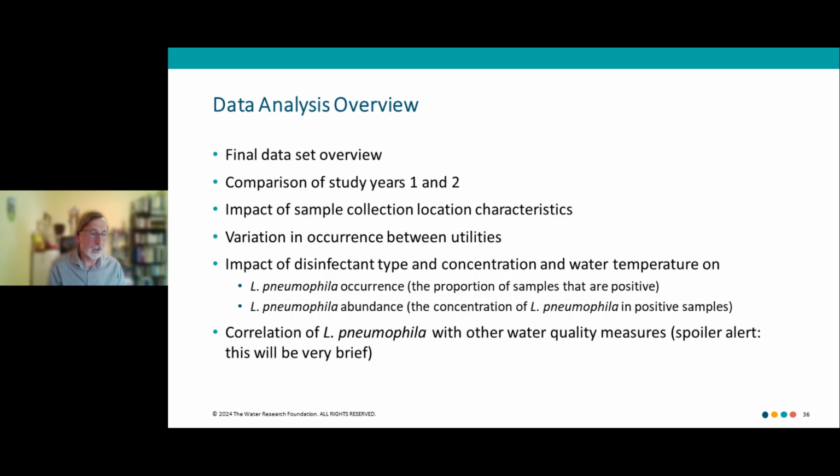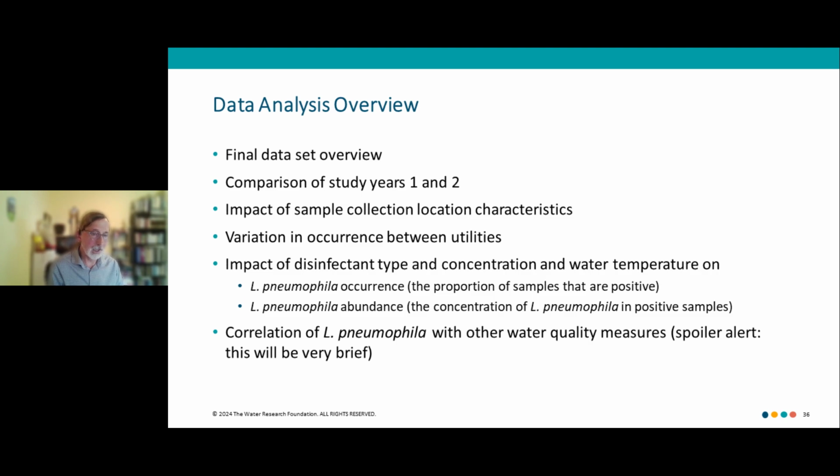As Gary noted, your results could vary depending on how and where the sample was collected. We'll talk about how different utilities varied with respect to their baseline, and I'll actually present, Gary was the one who came up with it, a definition of baseline. And then we'll talk in some detail about disinfectant and water temperature impacts on Legionella pneumophila occurrence and abundance.